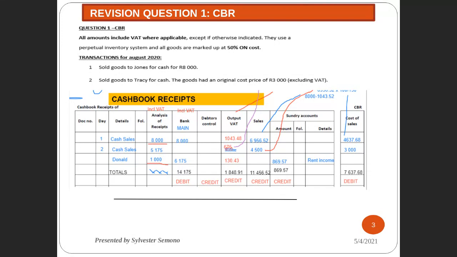For us, we're just learning for now, but we need to know how to do that. So I'm going to have output VAT. What I like about this, they will give you these formats in class, so you don't have to worry. And still remember, this side will always be debit, and the other side will always be credit.